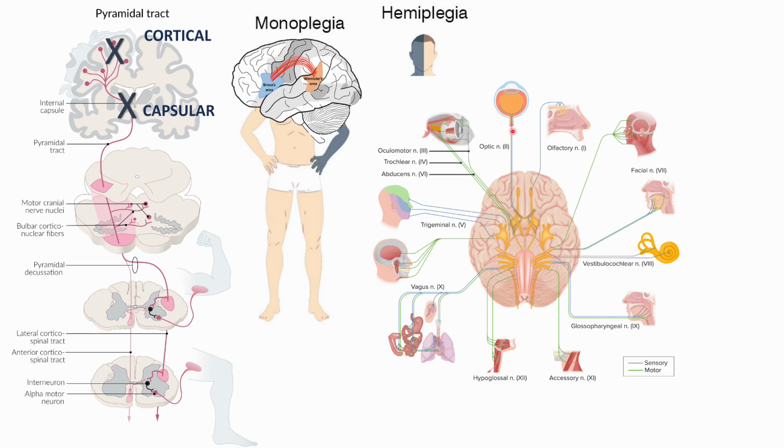So if it's cranial nerves 3 and 4, responsible for extraocular movements, that's a midbrain lesion. If it's 5 and 6, let's say facial sensation is affected, that's a pons lesion, pontine lesion. If any of the cranial nerves 9, 10, 11, and 12, responsible for pharyngeal muscle movement, so the patient presents with dysphagia, let's say choking, then you know that the medulla oblongata is affected.